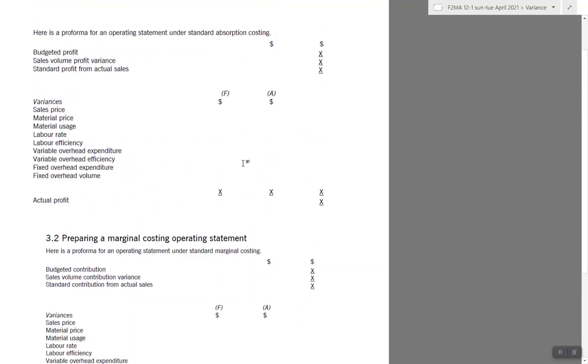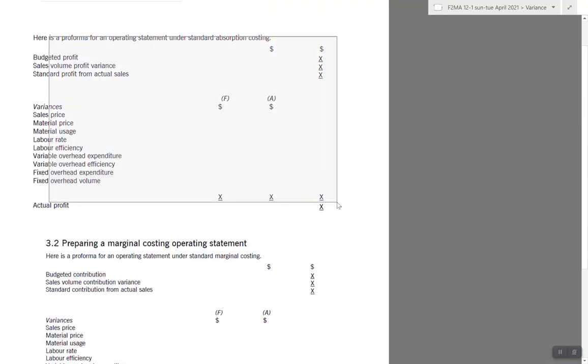Absorption costing is straightforward. Only remember this part, and then you have to minus everything else, which will directly give you profit. So the questions in exam will be, they will ask you to find actual profit, and then they will give you variances. So you need to know whether that variance comes before or not.